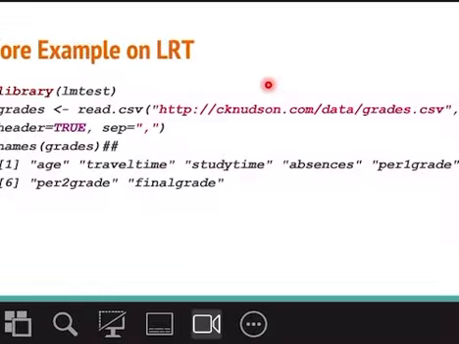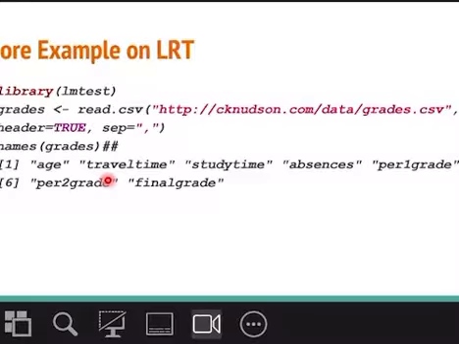We consider age, travel time, study time, absences, the midterm 1 grade, the midterm 2 grade, and the final grade, of course. All of that has a connection to a student passing a class.